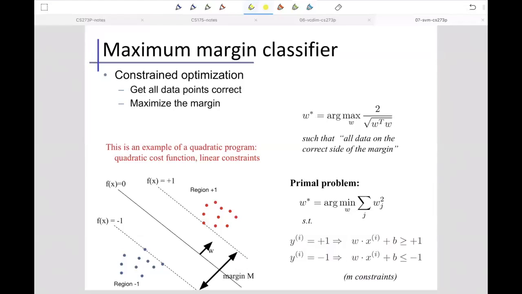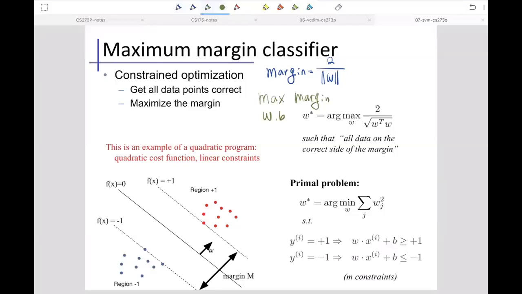For that reason, I'm going to formulate this as an optimization problem. I'm going to maximize the margin. Remember the margin, let's rewrite it again: margin equals 2 divided by the norm of w. That's the margin we calculated. So suppose I want to maximize the margin over all possible choices of w and b.